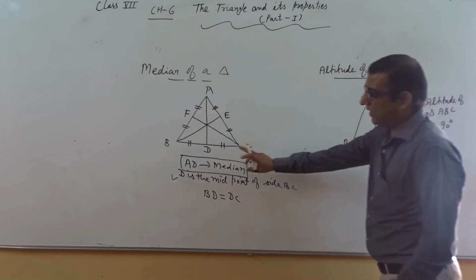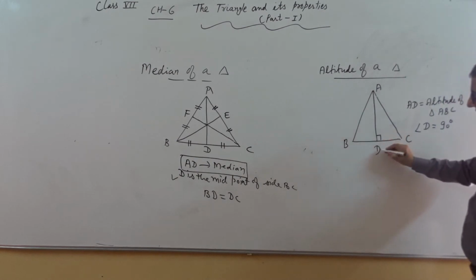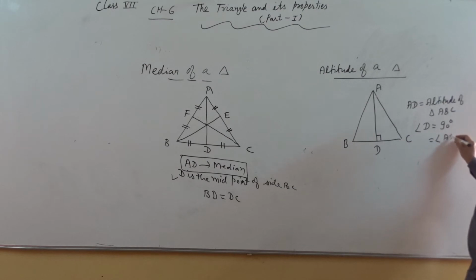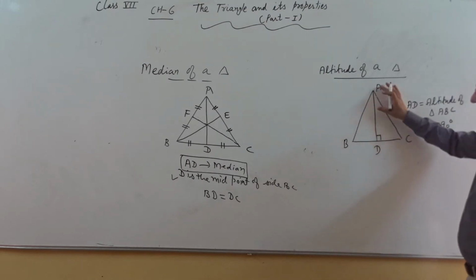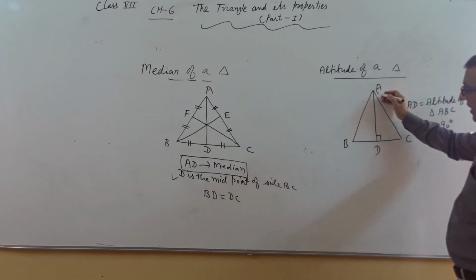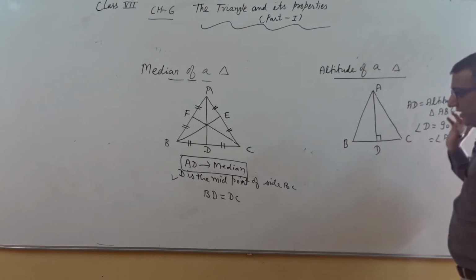As you see in this figure, there is no role of 90 degree, but here as you see this D angle, or angle ADC you can say, is related with 90 degree. That's why it is altitude, and it is also known as height, and basically it is the perpendicular from vertex A to opposite side BC.